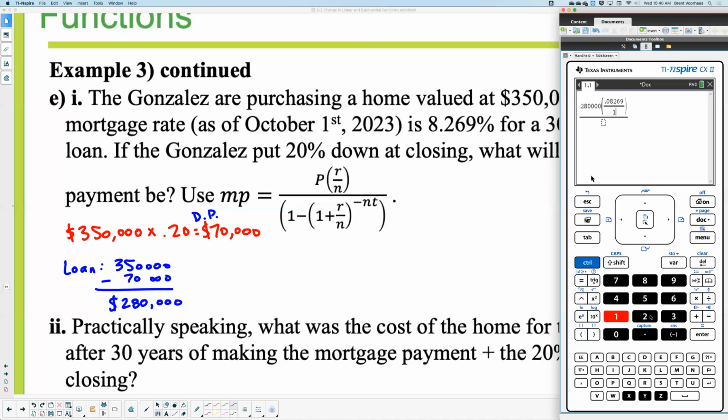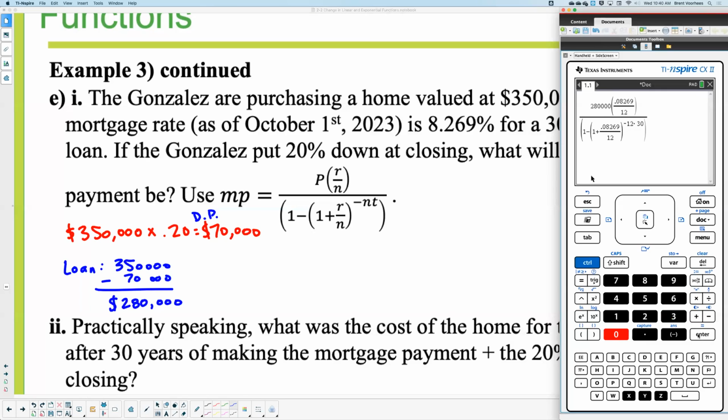N is 12. Okay. Over parentheses 1 minus parentheses 1 plus, and no, you can't simplify that. Control divide 0.08269 over N, which is 12, all raised to the power of negative 12 times, how many years are we doing this loan? 30.